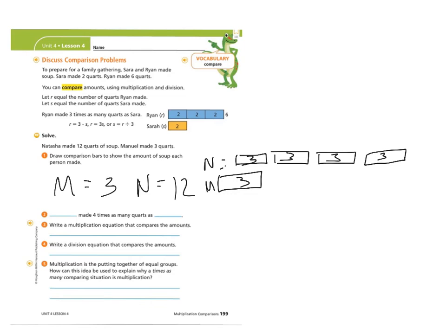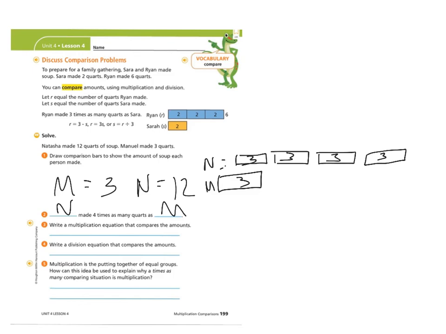Manuel made 1/4 the amount of soup that Natasha made, or Manuel made, let's just do number 2, I'm sorry. Who made 4 times as many quarts as who? So Natasha made 4 times as many quarts as Manuel.